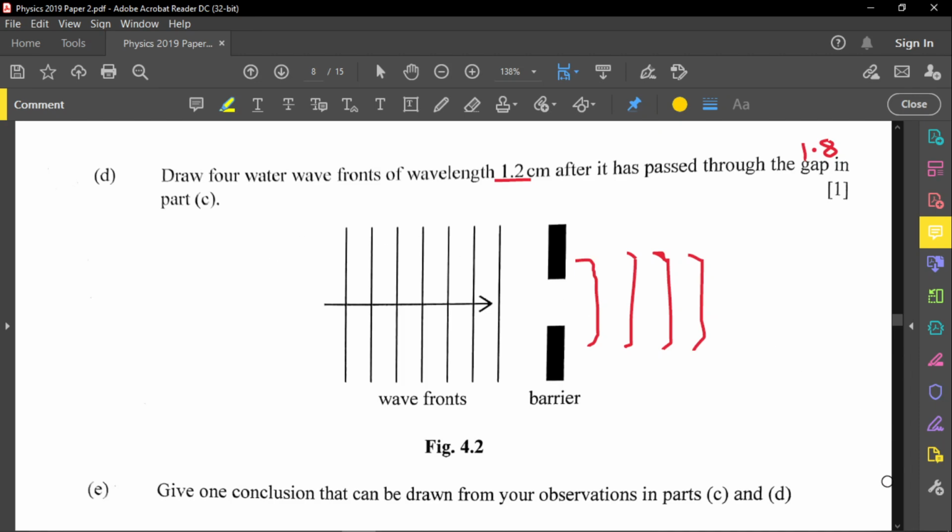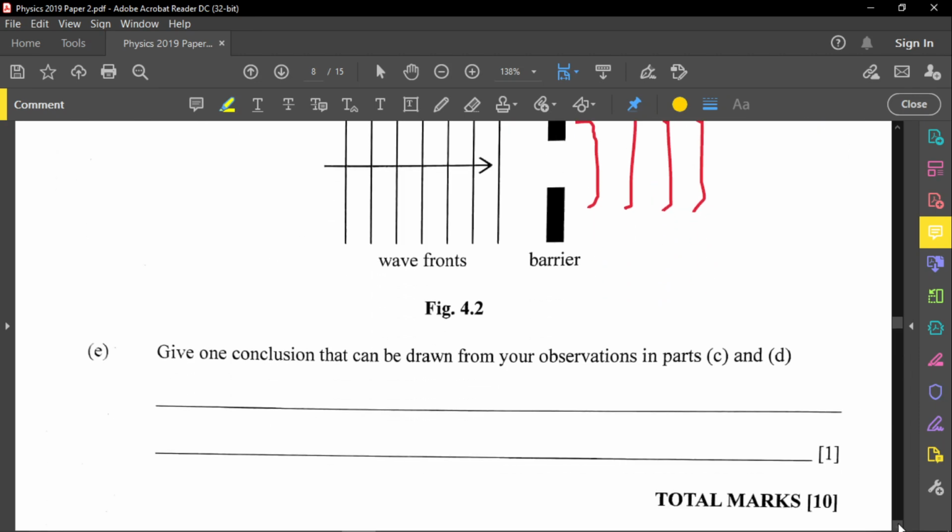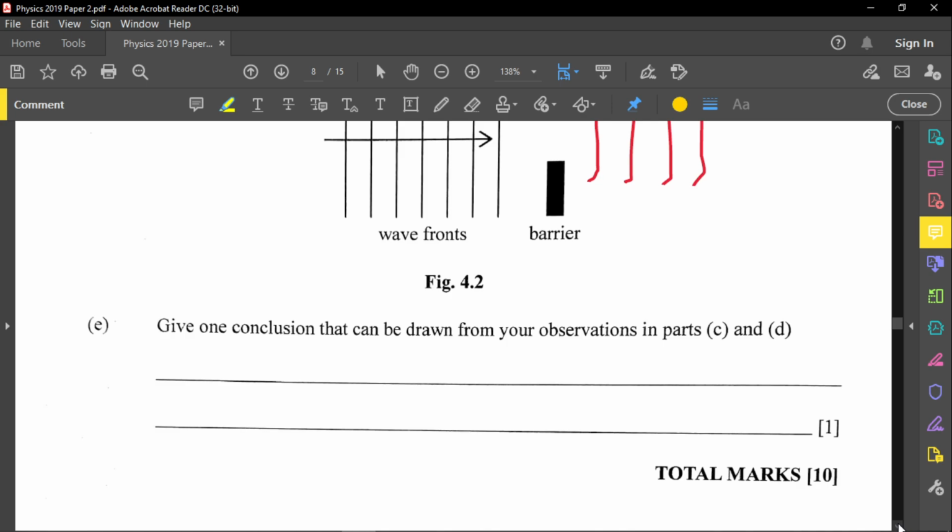Now, part E of this question says give one conclusion that can be drawn from your observation in part C and D. So what can you say about these things?